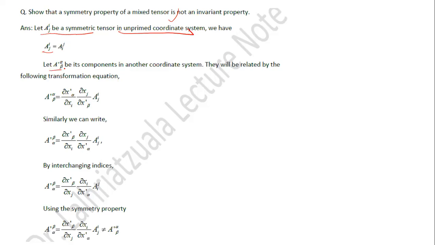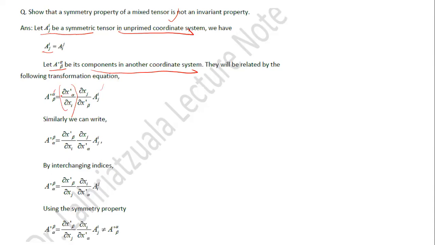Now let us assume that A prime alpha beta represents the components in another coordinate system, the prime coordinate system. Then you can write the transformation relation between these two. Alpha and i are the corresponding contravariant indices, so the transformation coefficient for those indices will be partial x alpha prime upon partial x alpha xi.